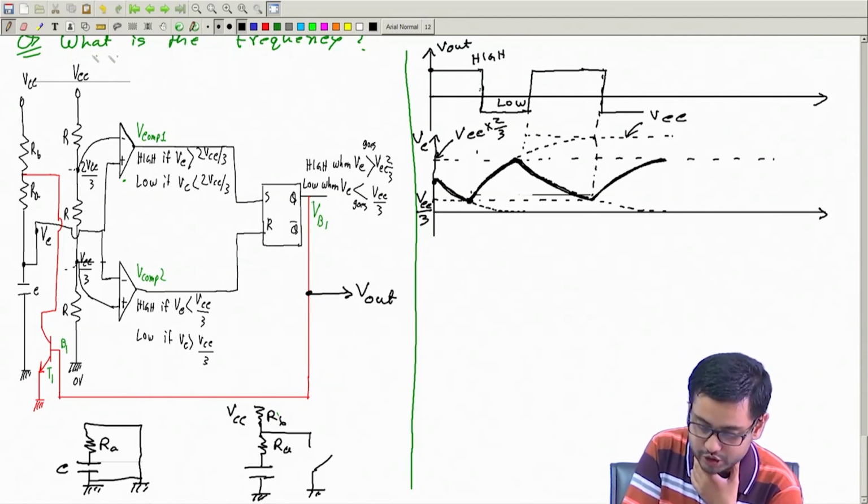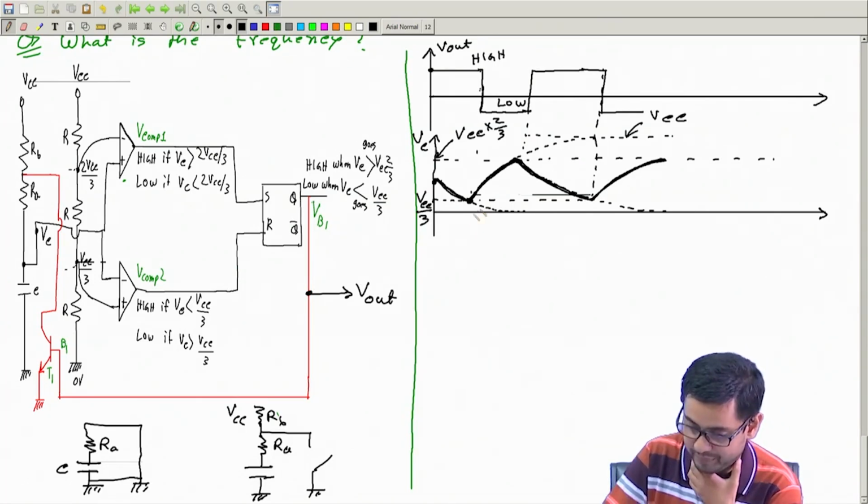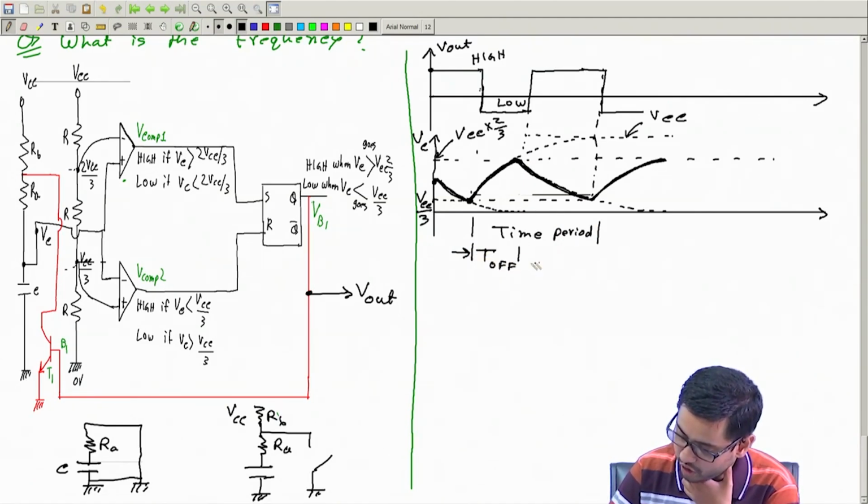So the original question was to find the frequency. So we have to find the time period. Which is the time period? The time period is from here to here. This is the time period. So we have to find this time, and for that we have to find these two times. Call this T off and call this T on.